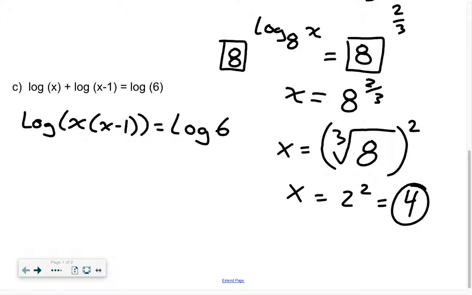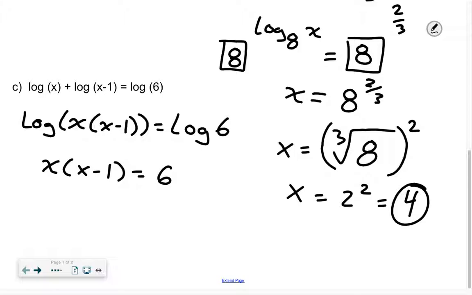And the good news for us is that if I have the log of a equal to the log of b, what do I know is true about a and b? They're equal. So, if you have a log of something equal to a log of some other something, then those two somethings are equal to one another. So essentially the logs cancel each other out.